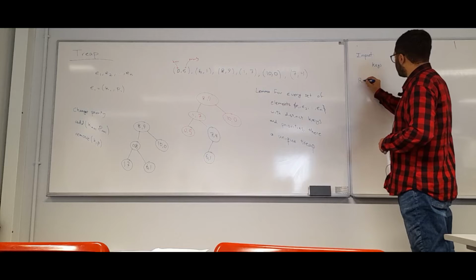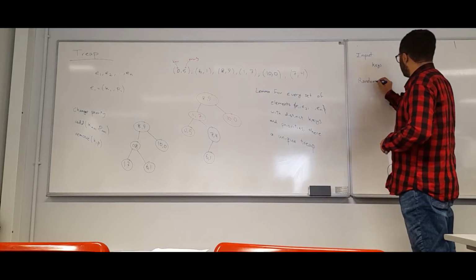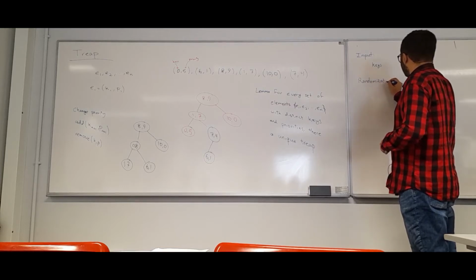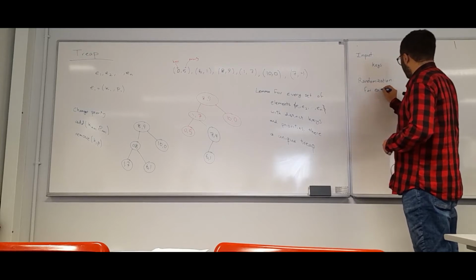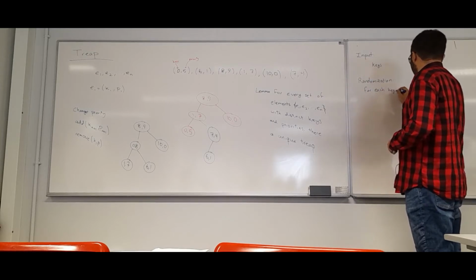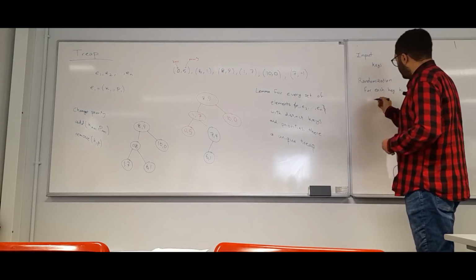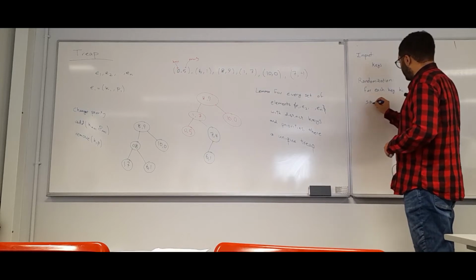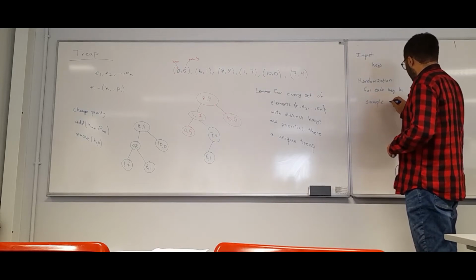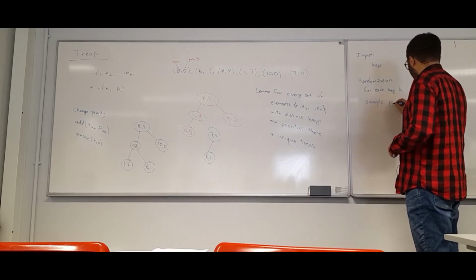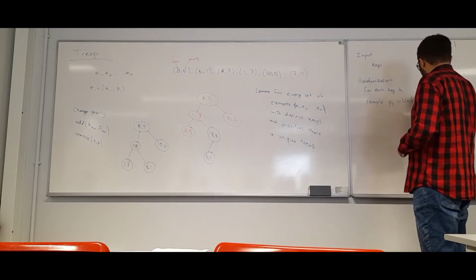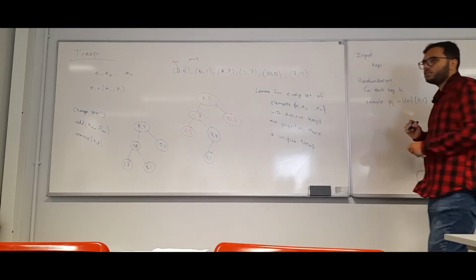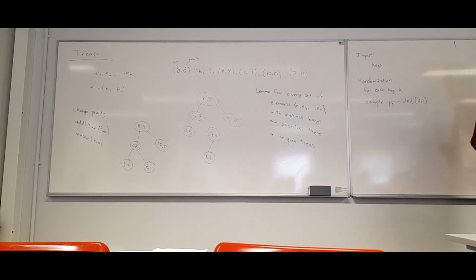So the randomization part is that for each key ki, I just sample some priority pi, and I sample it uniformly at random from the segment 0 to 1. Okay?